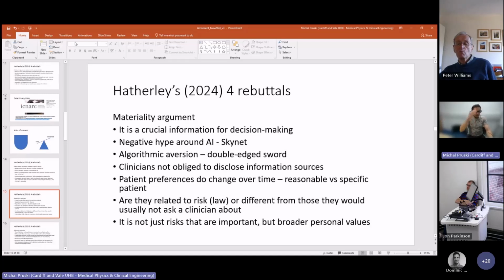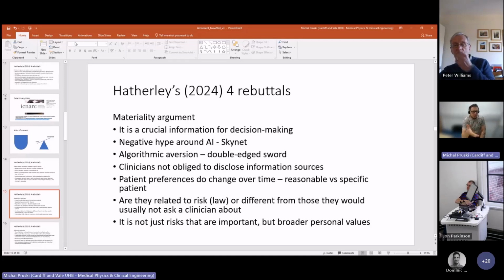The other argument against making upfront disclosures about AI is that patients' preferences change over time. So even if, let's say, now most people wanted to know, soon that might not be the case. But the counter argument is that obviously we're dealing with both a reasonable patient standard and a specific patient standard in making our healthcare disclosures.